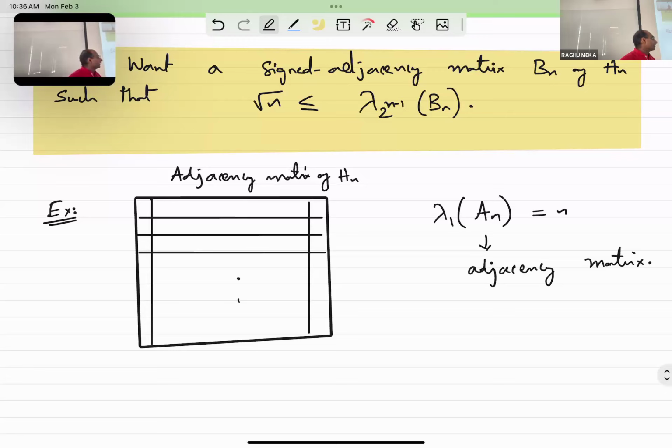The eigenvalues of the hypercube are completely well understood. They're basically like n, n-1, n-2, and so on. And the number of each is like n choose k. When you go to the middle level, you're basically in very small territory. So that's going to be an issue. So this is not going to work. So we have to find some other actual signing to get that.